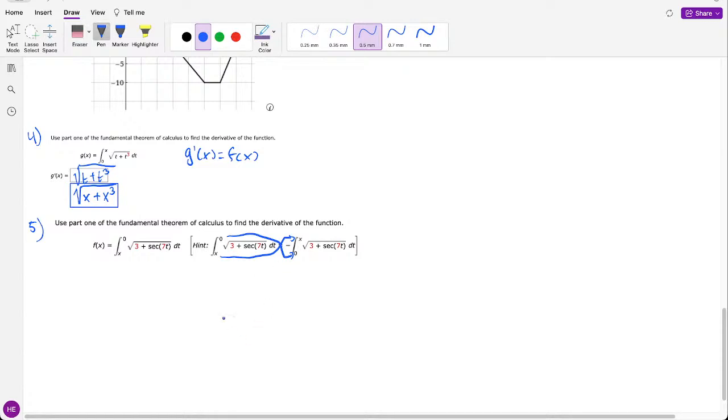That means it becomes negative. But why are we doing that? Also, we're looking for f prime of x. That's what we're looking for.